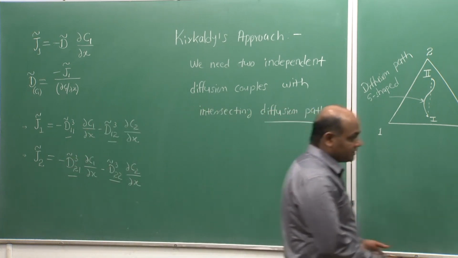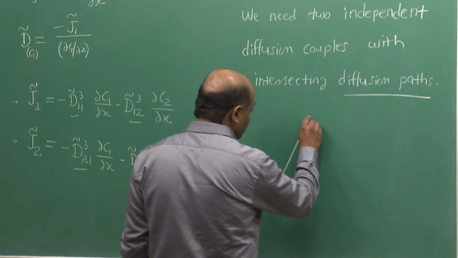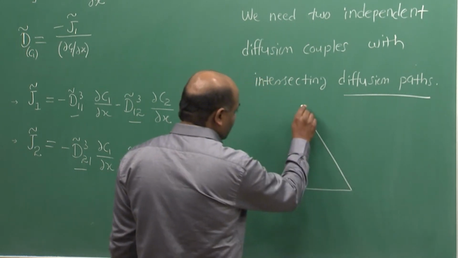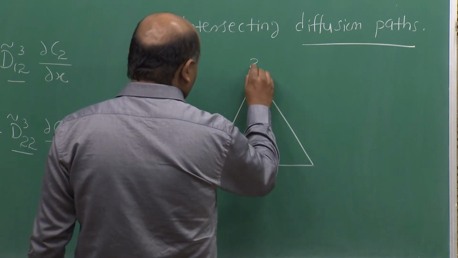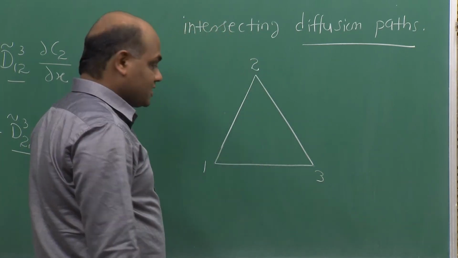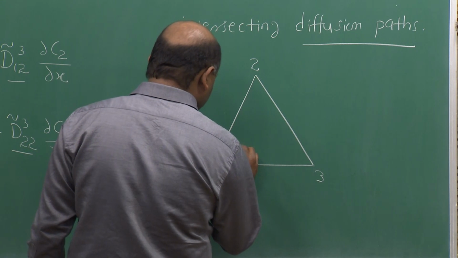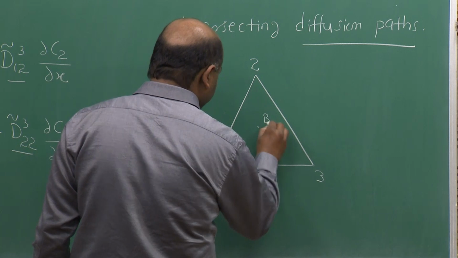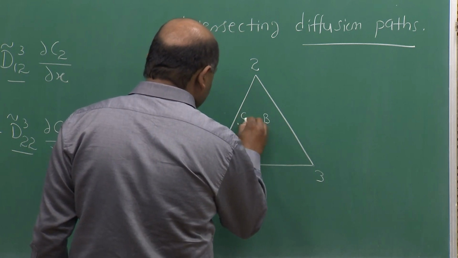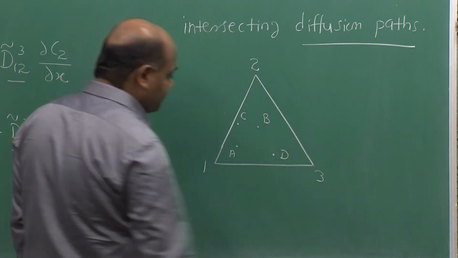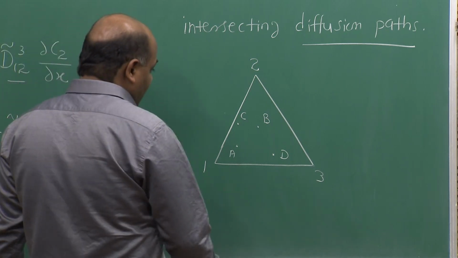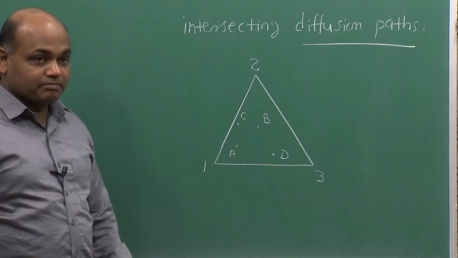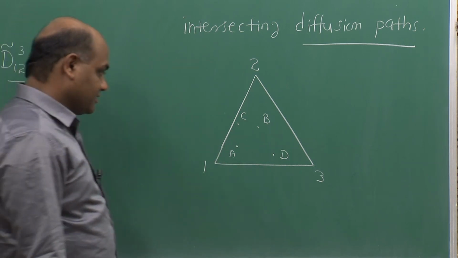So, if we draw this ternary isotherm again, let us say I prepare two independent couples, one between alloy A and alloy B, and the other between alloy C and alloy D, and these two couples should be such that their diffusion paths intersect.